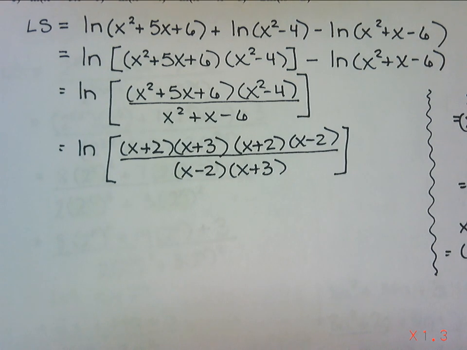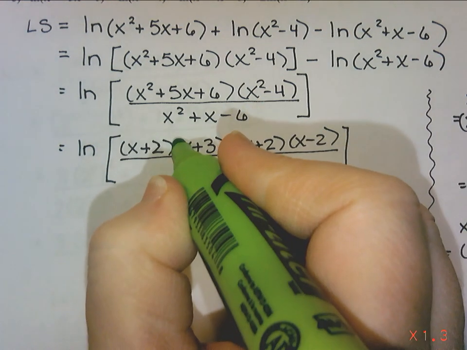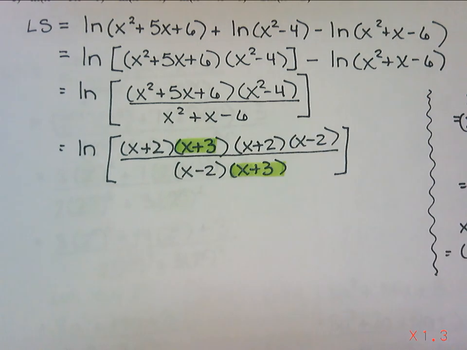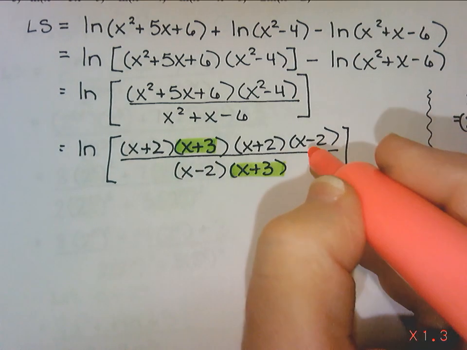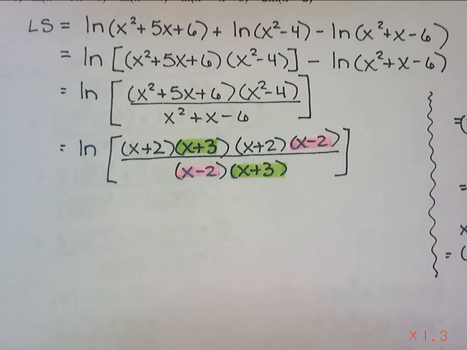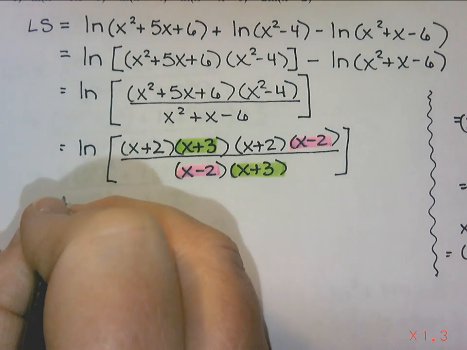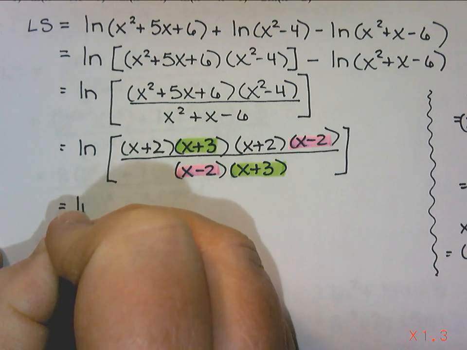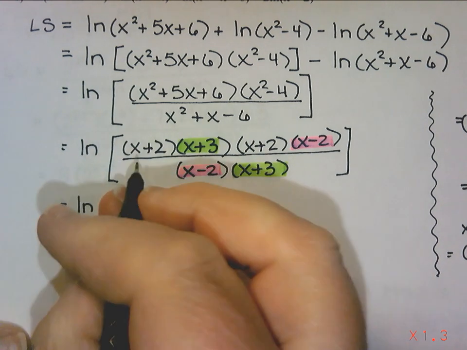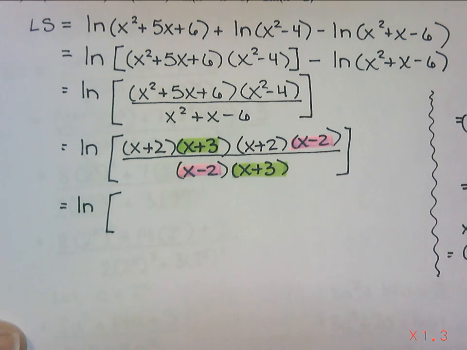Okay, so looking at this, I do see that there are some things that show up in the numerator and the denominator. I see that there is an x plus 3 that shows up on the top and the bottom. There is also an x minus 2 that shows up on the top and the bottom. So this next step you do not have to write in, but I am going to kind of split it up to organize my brain a little.